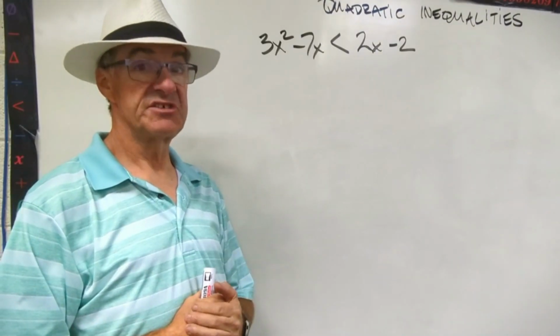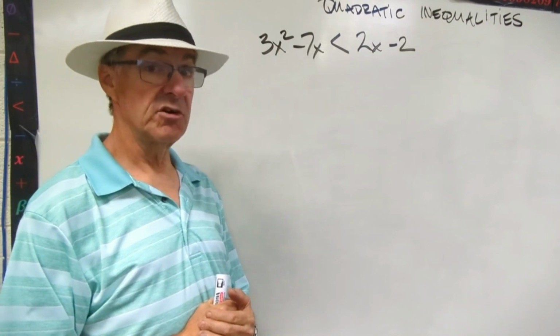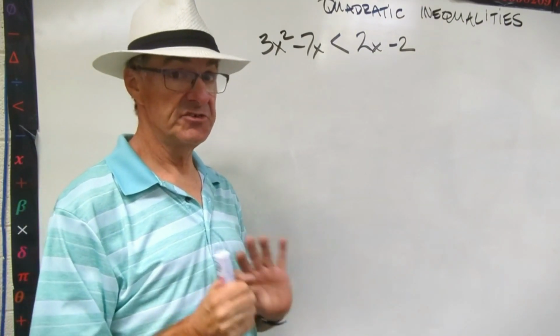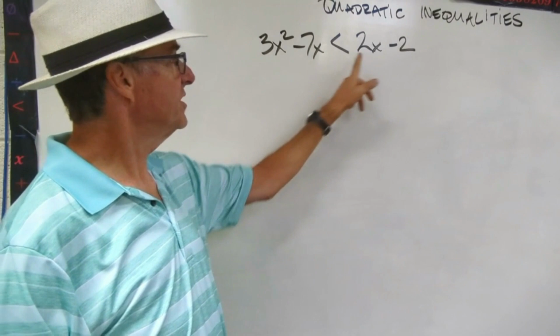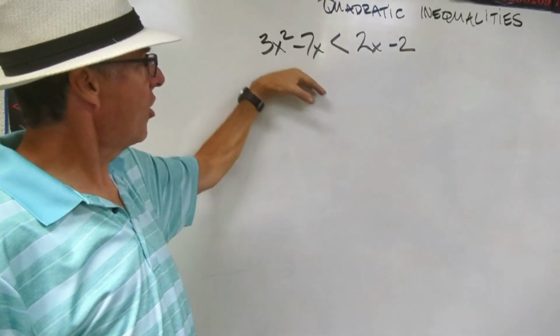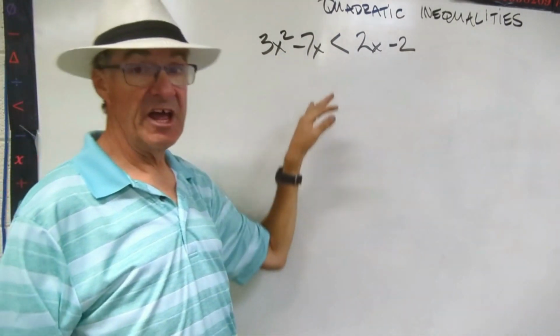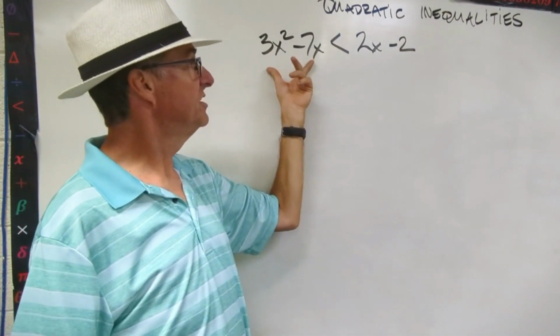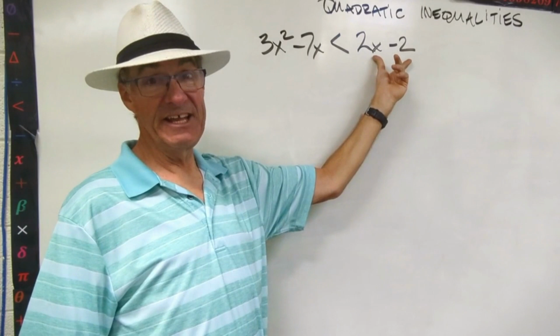Let's do a slightly different graphical approach. So check this one out. Here, we're going to treat these as two separate functions. So instead of bringing these values over and having one quadratic, what we're going to have is a quadratic function intersecting with a linear function.